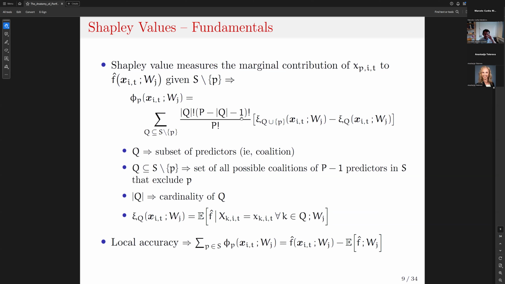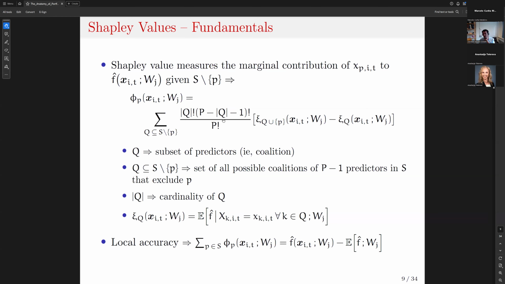And there is this weighting function here because you need to count how many times you will essentially have equal coalitions. So if you think about a coalition with predictors 1, 2, and 3, and you want to estimate the marginal contribution of predictor 3, well, you will have predictors 1 and 2, and then you add predictor 3. But you will also have 2 and 1, and then add predictor 3, and those are equivalent, right?